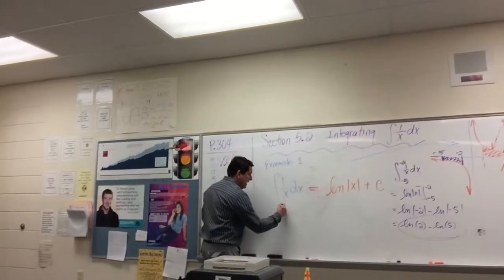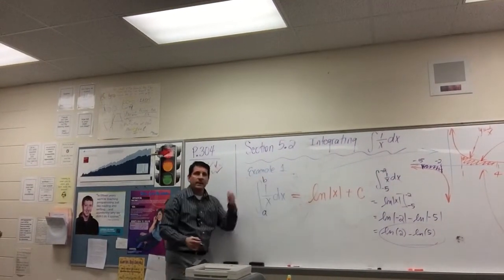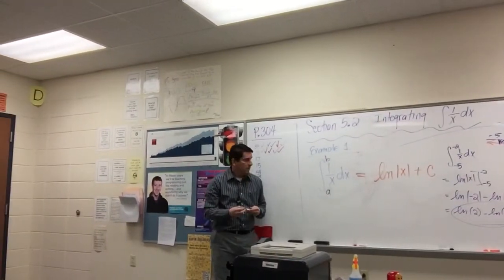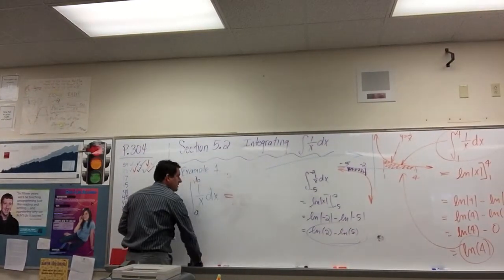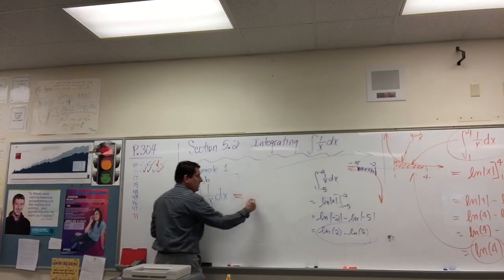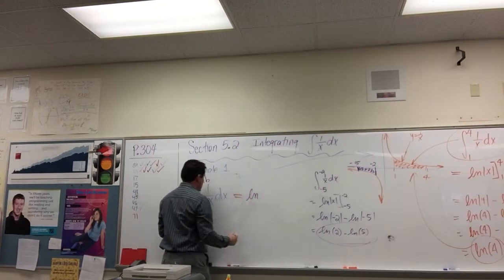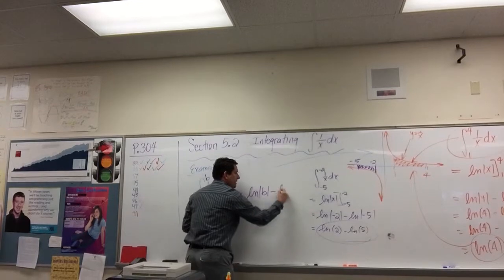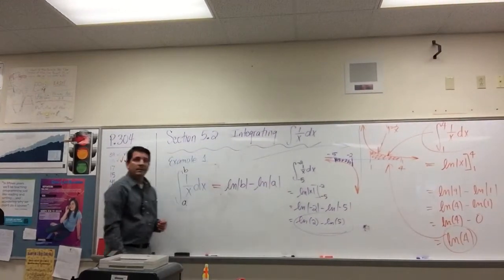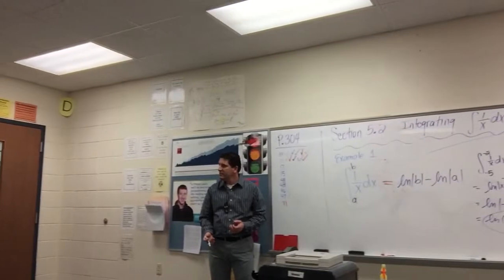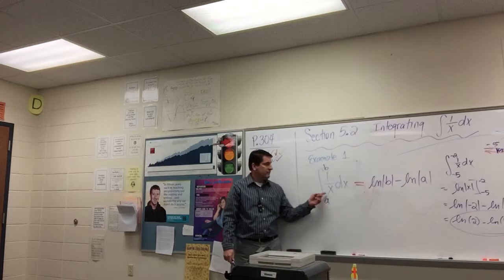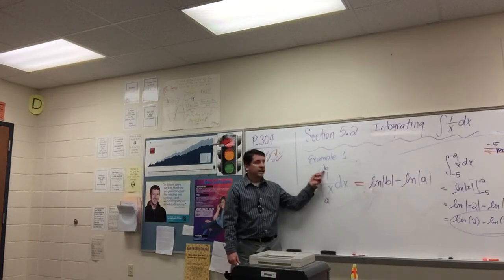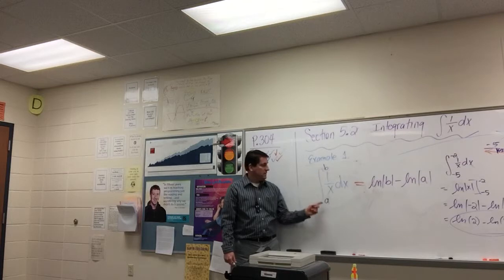That if I go from A to B of this function, then it's really equal to the natural log of the absolute value of B minus the natural log of the absolute value of A. That goes back to our fundamental theorem. It says, if you're evaluating this, find the antiderivative, then plug in this one, then minus, then plug in this one. Look at how that worked out.